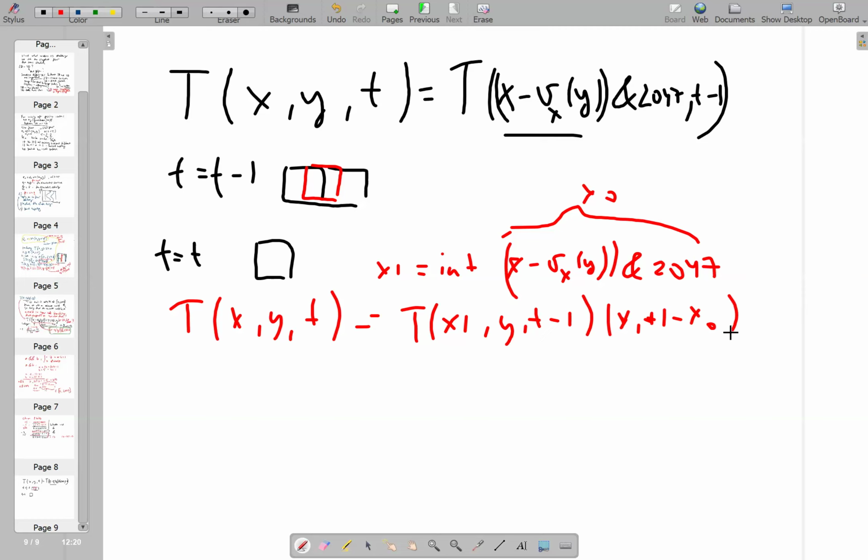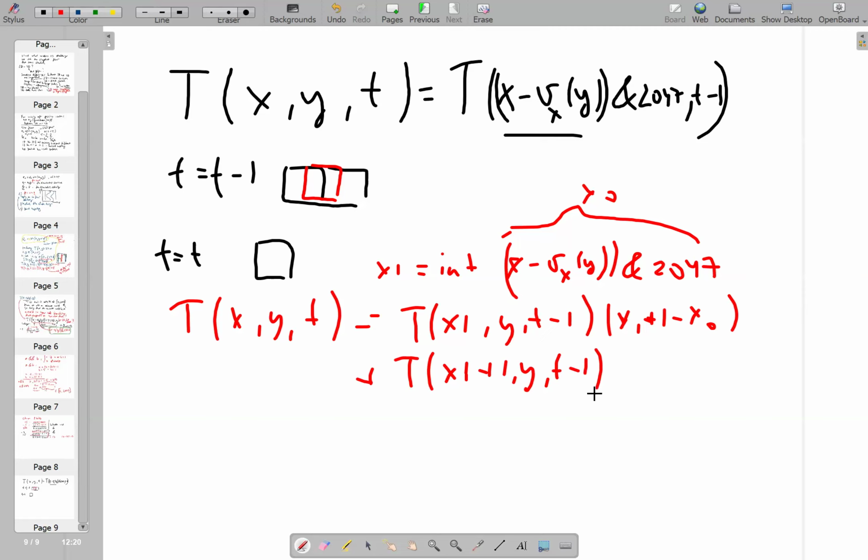And the second weight is going to be for the other pixel value, x1 plus 1. Because taking integer truncates the number, it's like the floor function. If this is the real number, it takes the floor of it, truncates the fractional part. x1 plus 1 is a neighboring pixel, y, t minus 1.